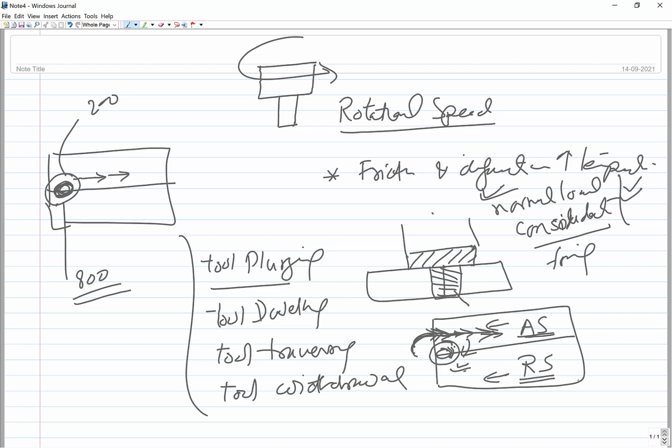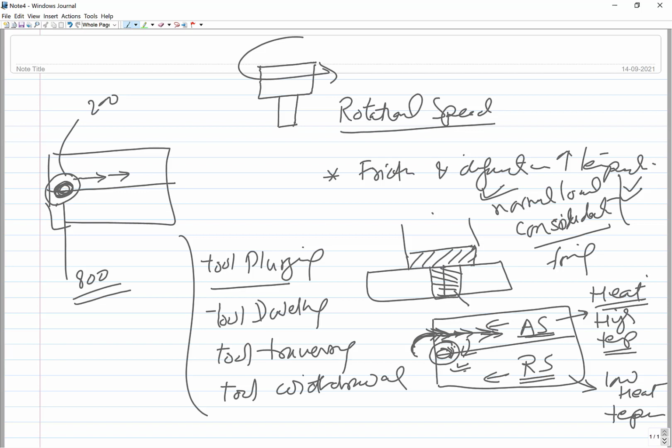Okay, so in general it is a very established thing that the advancing side generates more frictional as well as deformational heat as compared to the retreating side. So higher heat and higher temperature generation on the advancing side, and lesser heat and lesser rise in temperature occurs on the retreating side.